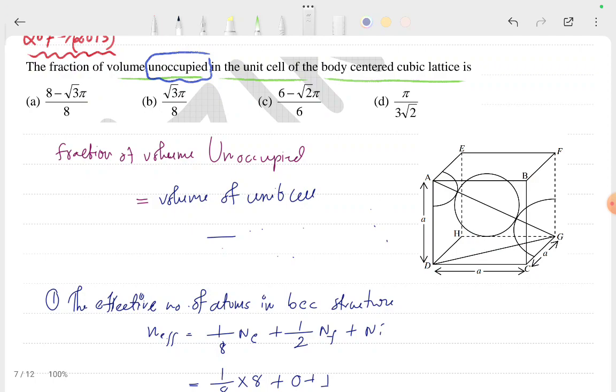Volume occupied by the atom in the unit cell. Okay, that's fine. You can do it in the formal way.